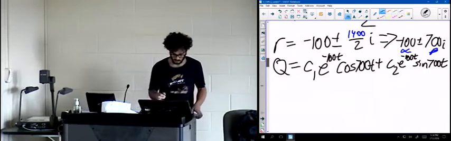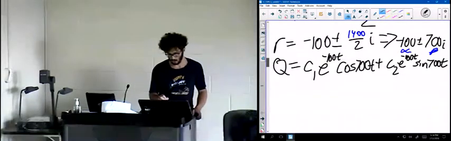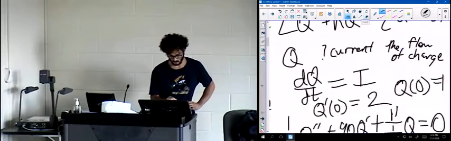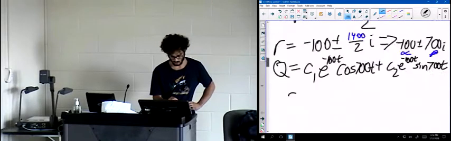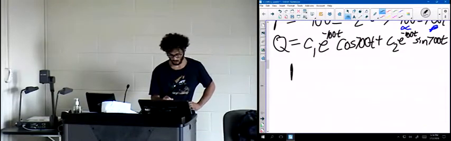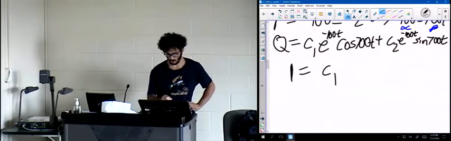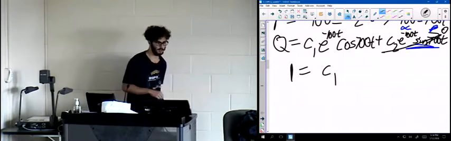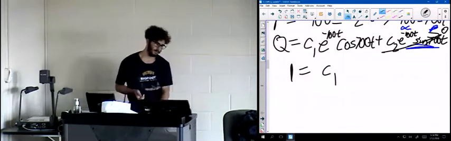So I just plug in 0, and I have 1 on this side, and a C1 here, and that's it. Because you plug in 0 for t over here, and it all goes to 0 because the sine of 0 is 0. So we know C1 is 1.